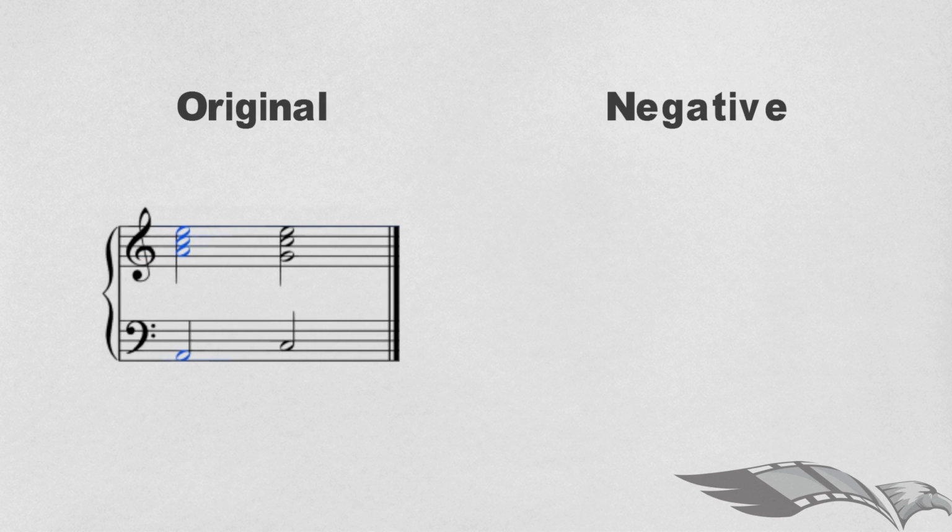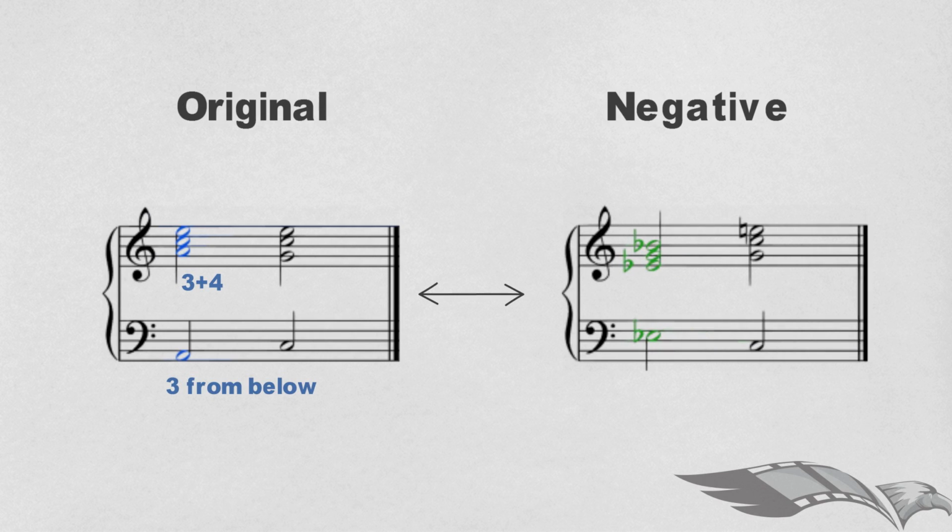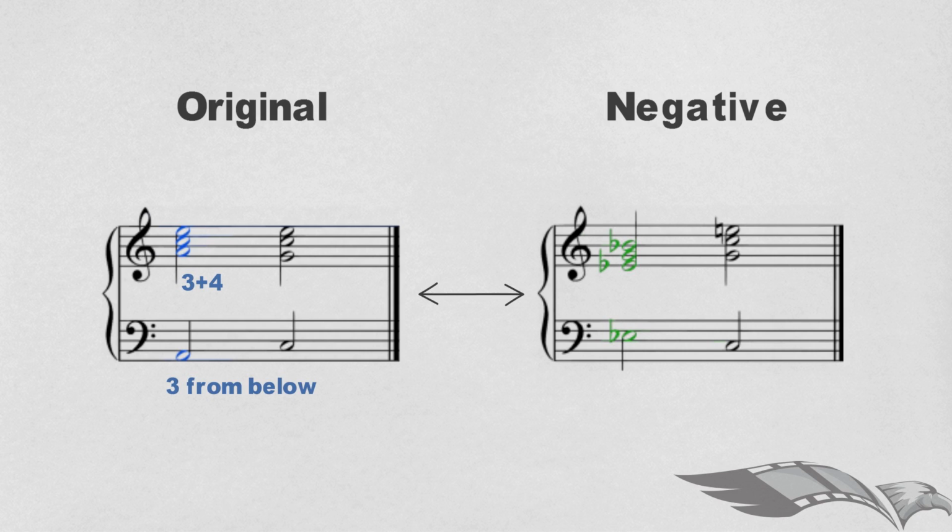Let's have some examples to clear things up. First, determine the root movement and the triad structure above. Next, get your negative root tone and use the reversed formula above it.